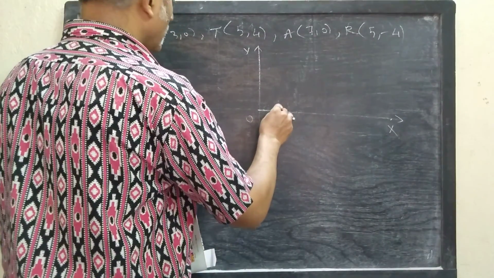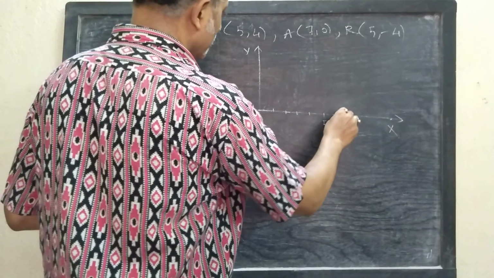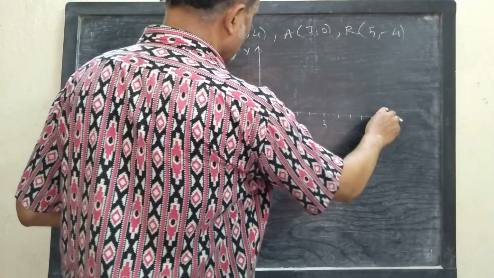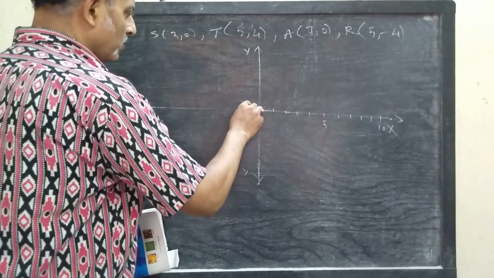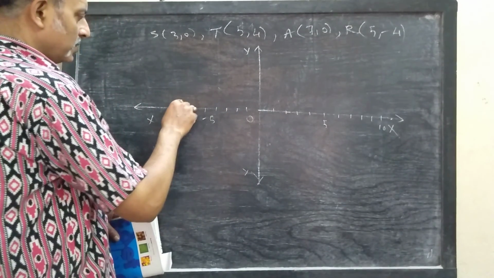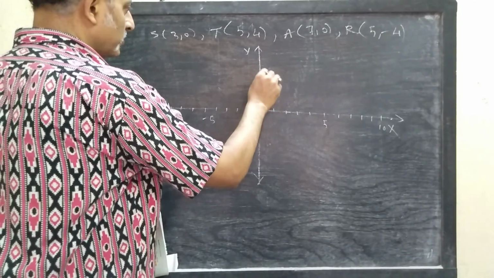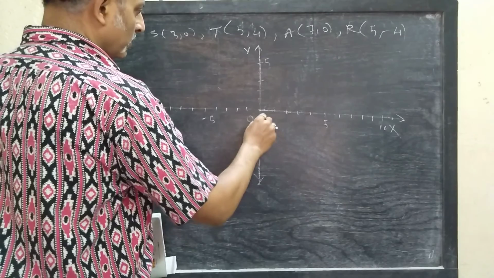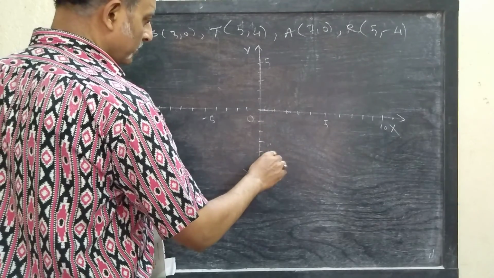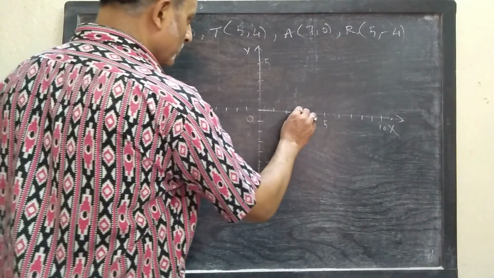One, two, three, four, five. 3, 4, 5, 6, 7, 8, 9, 10. The first point is (3, 0). (3, 0) is here.